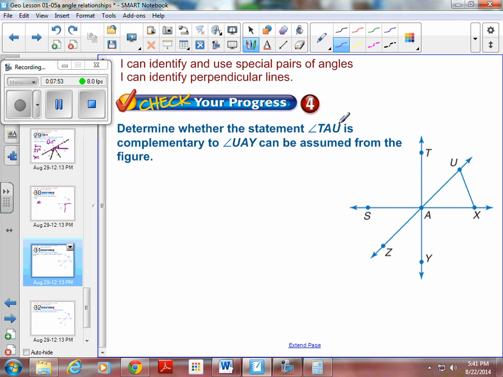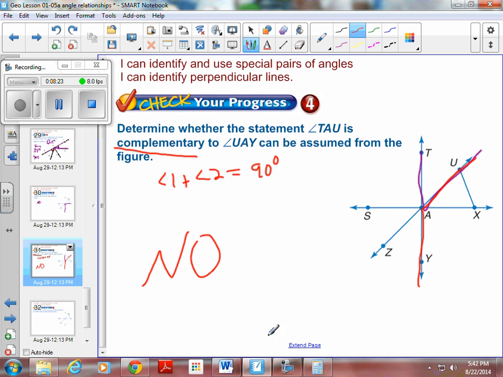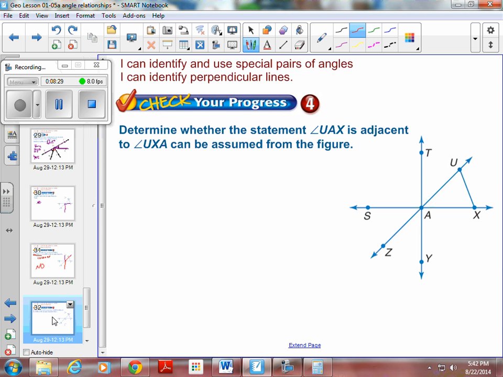Is TAU complementary to UAY? Complementary means angle 1 plus angle 2 is equal to 90 degrees. Are those equal to 90 degrees? No, those would be equal to 180 degrees. That's a no. Okay, and the last one, again, pause it, come back when you're ready.